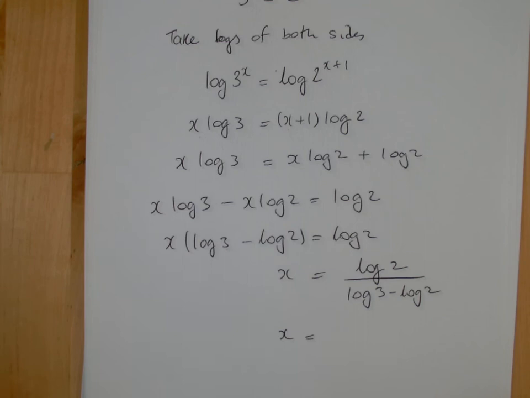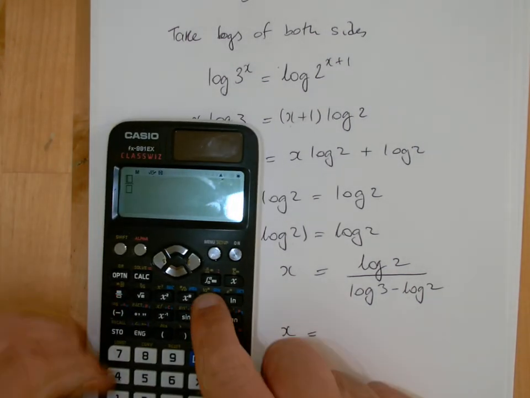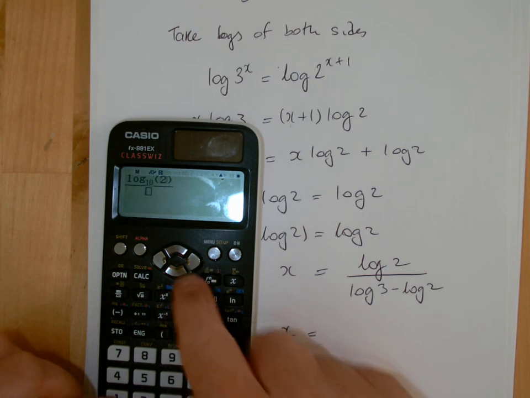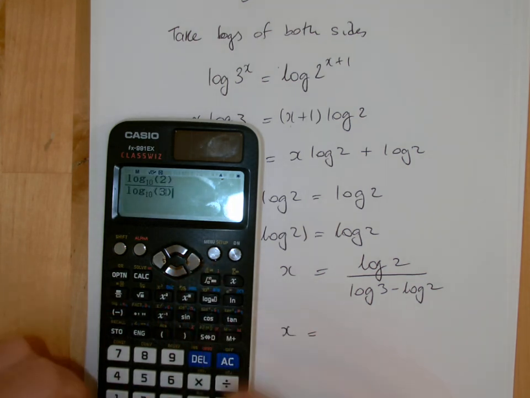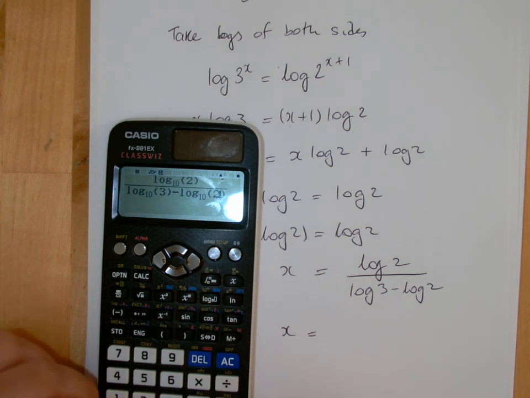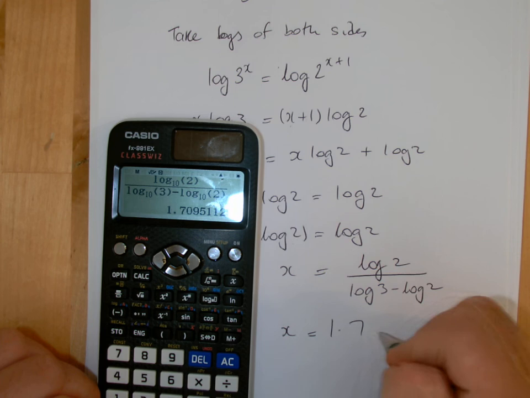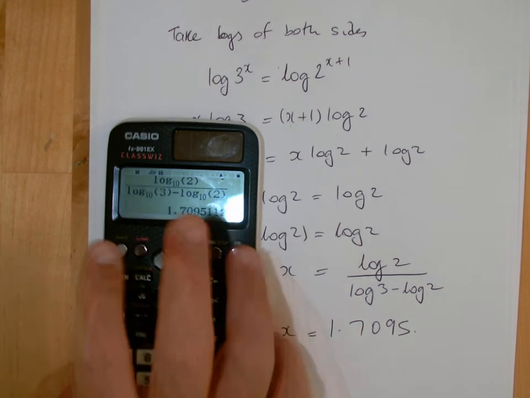Easier to write because I'm using base 10. So fraction button, log to the base 10 of 2 over log to the base 10 of 3, take away log to the base 10 of 2. So I get 1.709 to 4 decimal places.